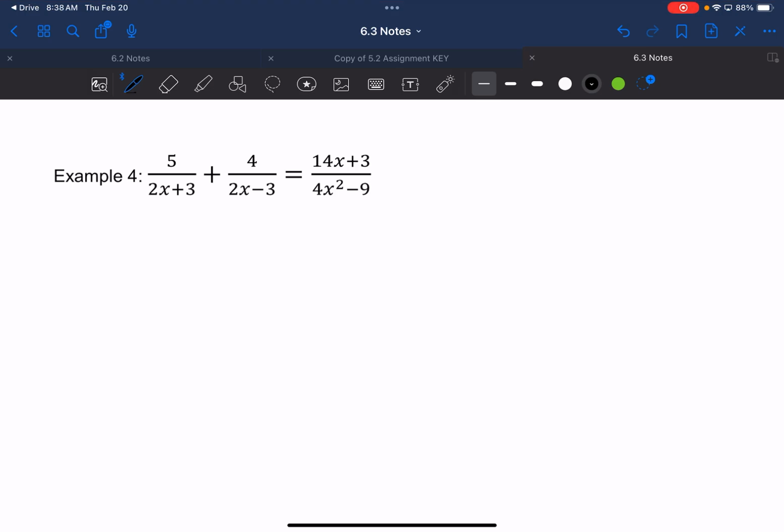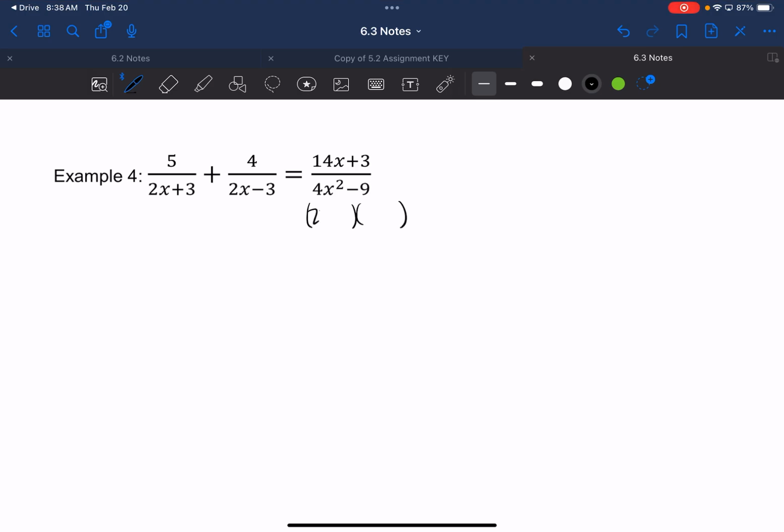All right, let's check what some of us have come up with so far. So for example 4, what did we need to do first? Multiply both sides by 2x minus 3 and 2x plus 3. Get the common denominator. Okay, and you decided that was the common denominator by factoring this one, right?